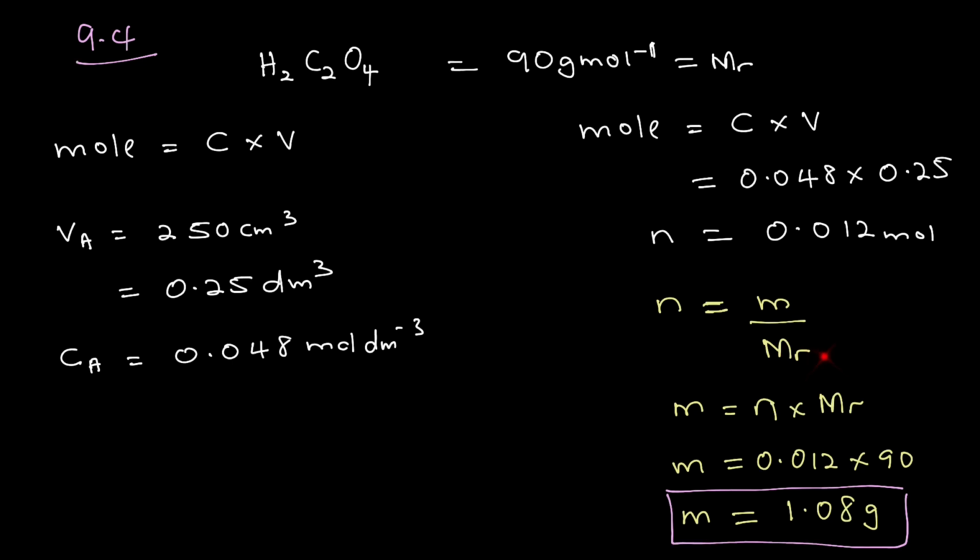So to find the mass, I have to use n equals m over relative molecular mass. And making m the subject, that will be equal to n times relative molecular mass, and m will become 0.012, which is the mole, times the molar mass, which is 90, and m equals 1.08 grams. And that's the mass we're looking for.